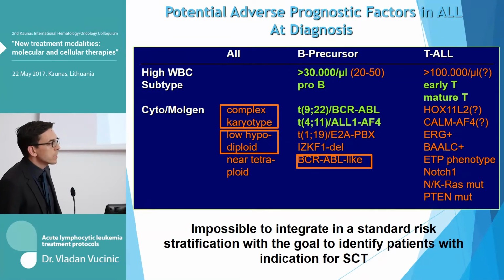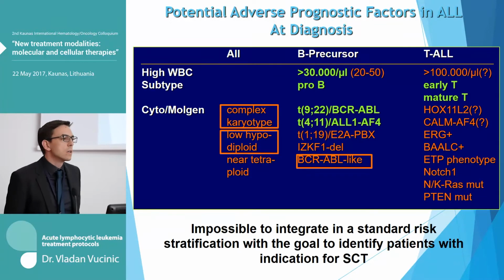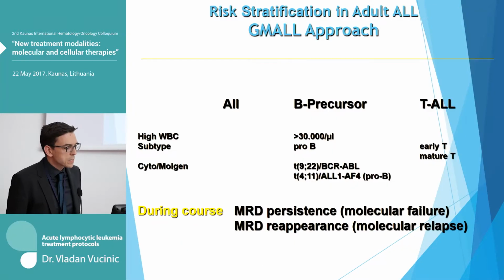According to the literature, there are very many potential adverse prognostic factors in ALL, and it is absolutely not possible to integrate all those factors in a treatment schedule which is lasting for more than 2 years. Anyhow, the German ALL study group has the following approach.